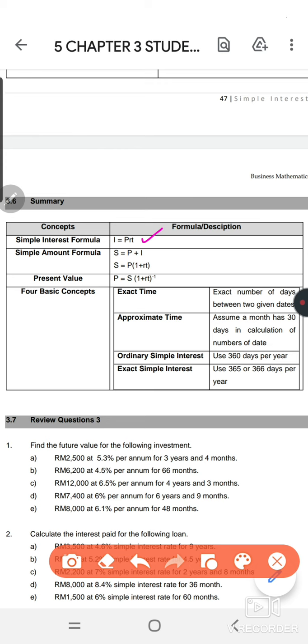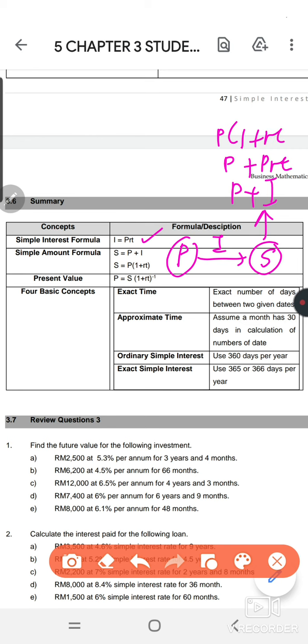And then simple amount formula is S equals to P plus I. Macam saya cerita tadi, P adalah nilai yang asal, and then bila kita ada I, kita ada interest, kita boleh kira S. Okay, so formula S adalah P plus I, or S equals to P(1 + RT). Yang ni sebenarnya dia dapat daripada formula ni PRT. So just factorize, so dapat formula yang ni. P(1 + RT).